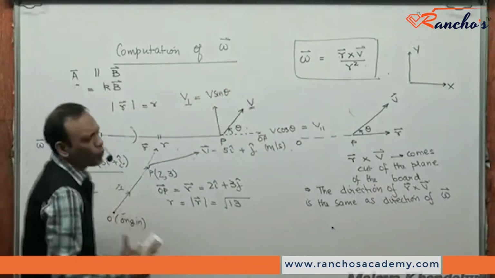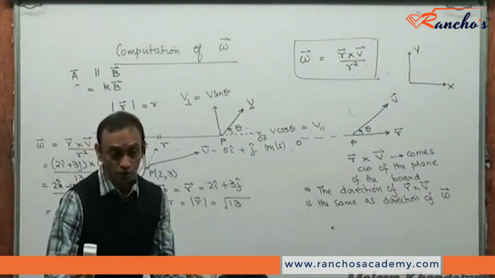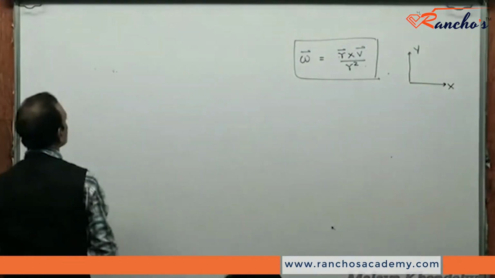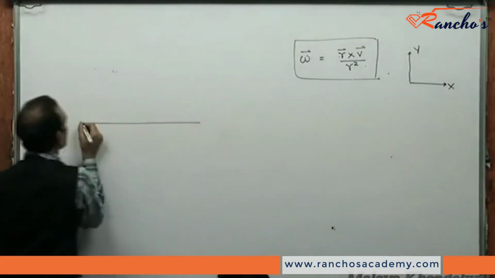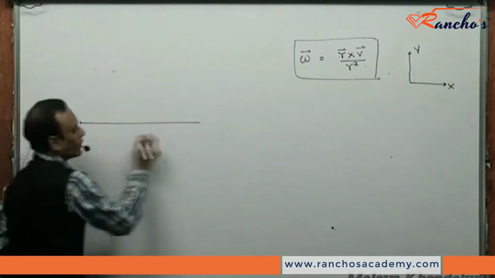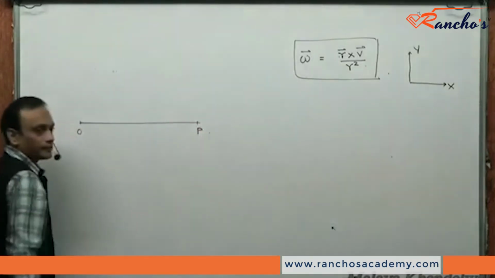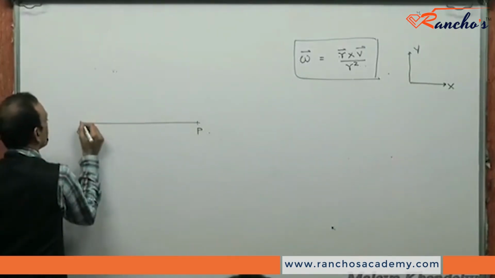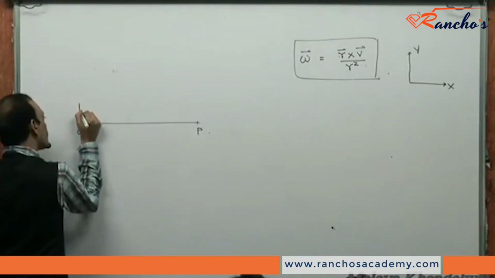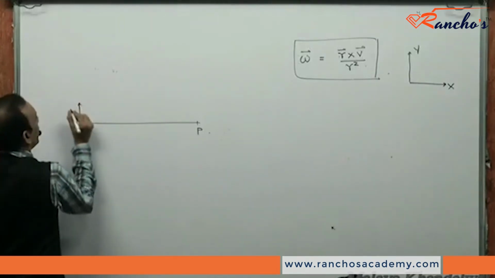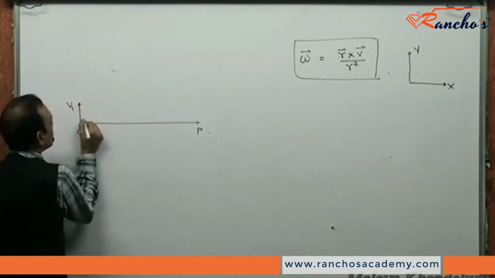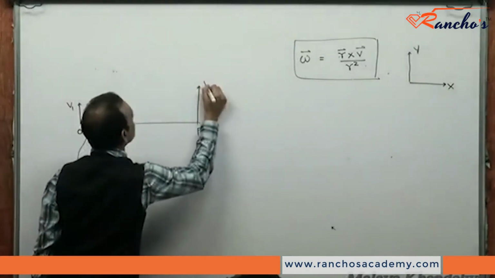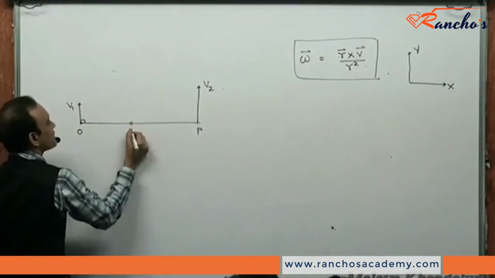Now, what if O also had motion? The observer also had motion, suppose. Can I wipe this off? Say, this was my O, and this was the particle P. O had velocity v1 like this, perpendicular to OP, and P had velocity v2 perpendicular to OP, and R was the separation between the two.